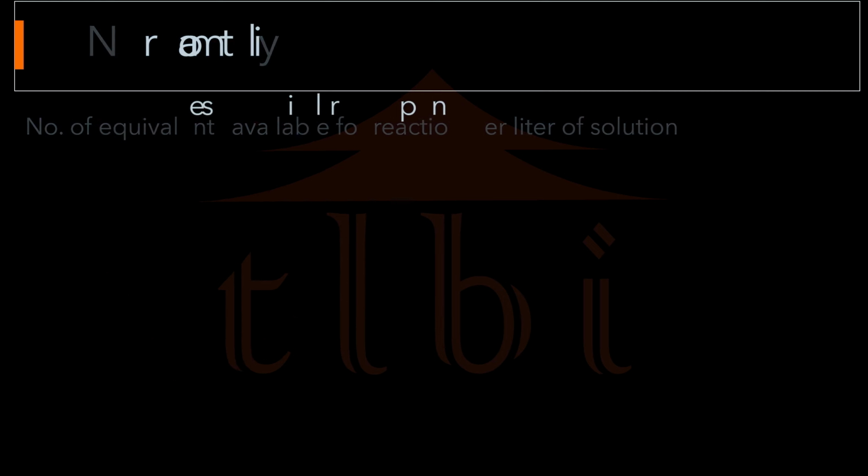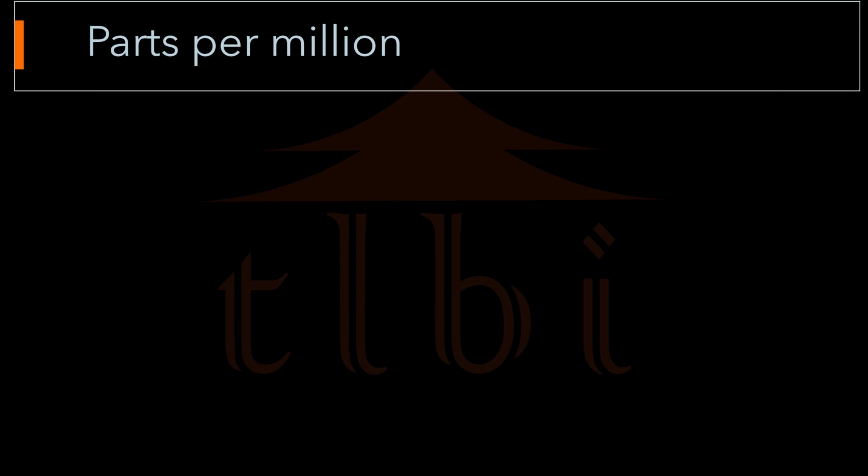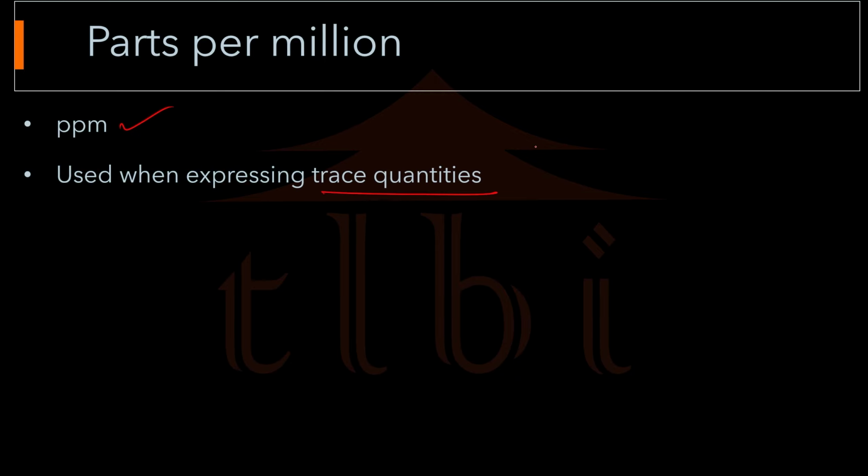Okay, moving on to the next one, parts per million, also expressed as ppm. Okay, and it is used when expressing trace quantities. Trace quantities means very less. Okay, now if you have noticed, I have expressed the toxicity level of arsenic as 0.01 ppm. Okay, now what is ppm?